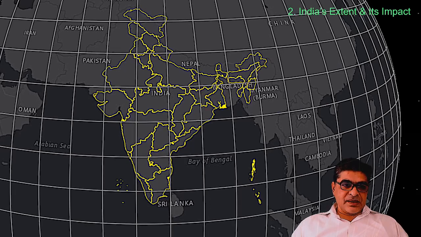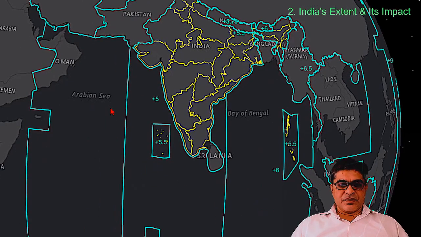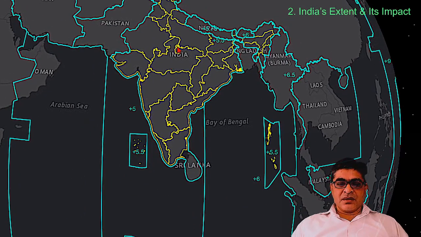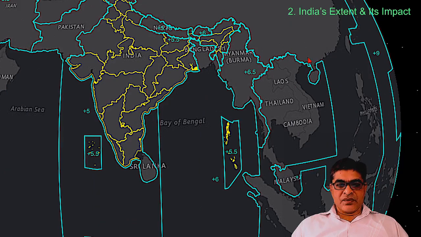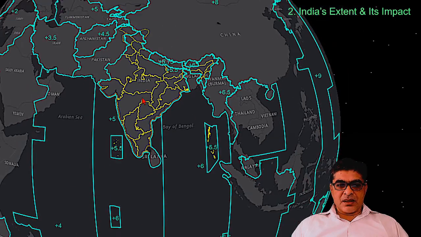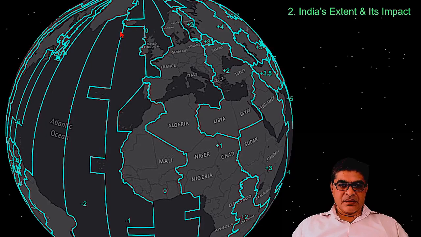To explain this, let me show you the time zones. We cannot have different times at different places within a country, because there will be confusion. The trains are moving, so we have to follow a single time. Each country has made its standard line from which it calculates its time, and the same time is followed within the country. The sun rises from the east, and the Greenwich line is here.